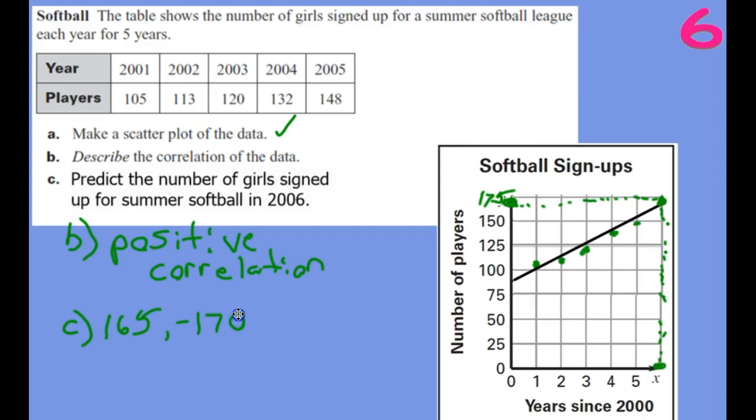Somewhere around there. It can't be 175 because it's not quite there, but it's somewhere around 165 and 170 if the number of players keeps increasing every year, like it has been.